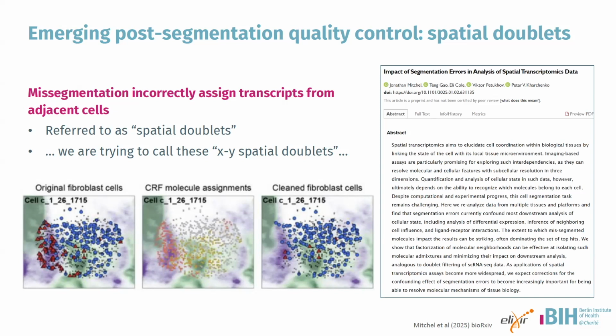For spatial biology, it's not really the case that it's a doublet, because a doublet implies that there's two, whereas you can have a contamination here and here, right? So it's kind of spatial contamination because your borders are not correct. I don't know if there's a better term that's being used in the field beyond spatial doublet. We try to call these XY doublets because, again, we're only looking in the X and Y direction.